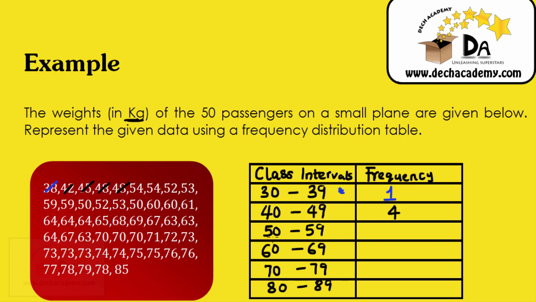The next class is 50 to 59. 54 is a member. This is also a member. So I'm just going to cross out the members. 1, 2, 3, 4, 5, 6, 7, 8, 9, 10. There are 10 members, so the frequency of the third class is 10. The next class is from 60 to 69, and its members are going to be crossed out.